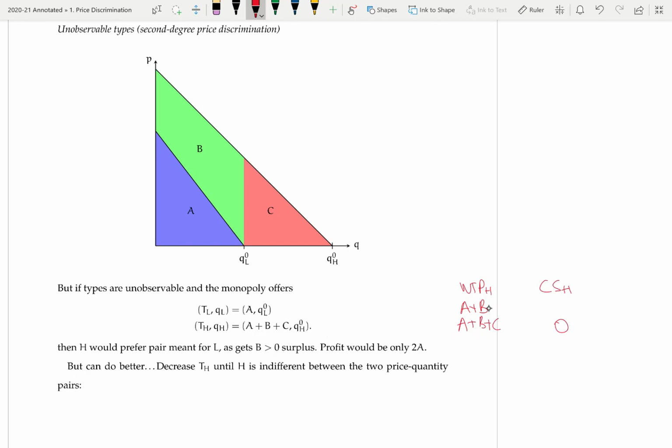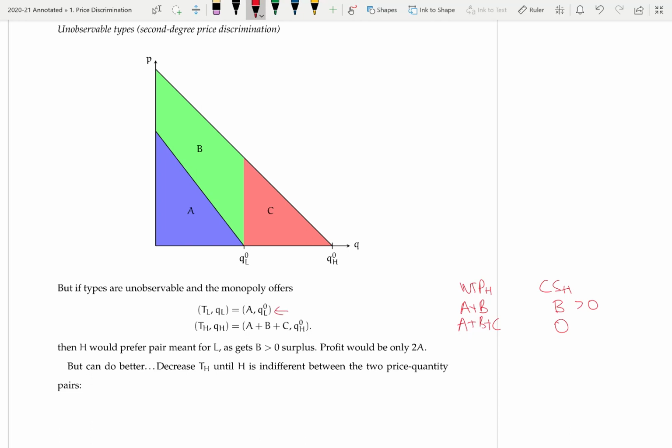What about the other option? Well, the price here is A, the willingness to pay is A plus B. The consumer surplus is going to be B, which is bigger than zero. And so consumer H would want to buy this price quantity pair, the one meant for L.